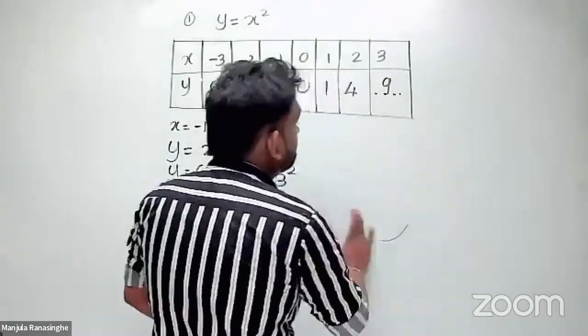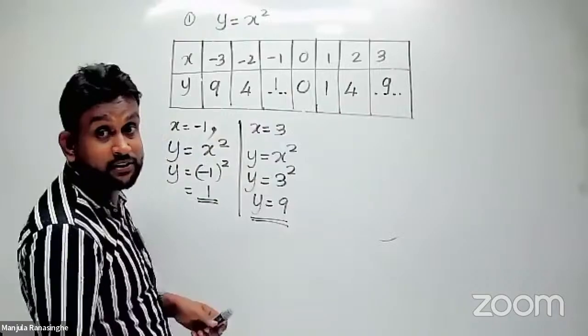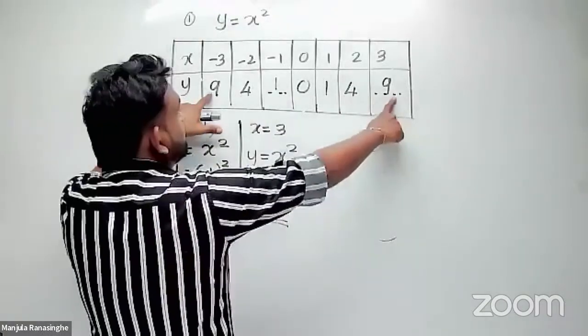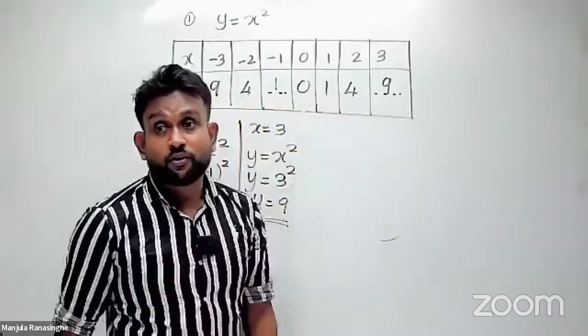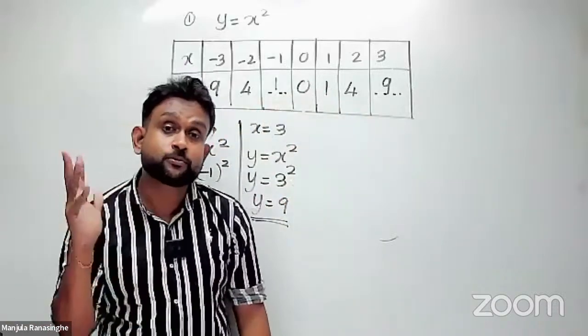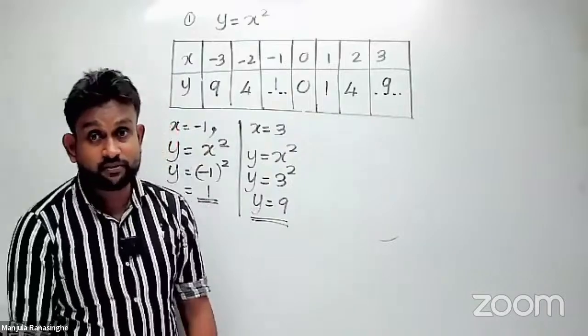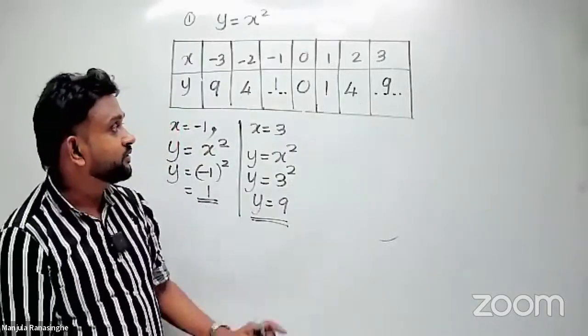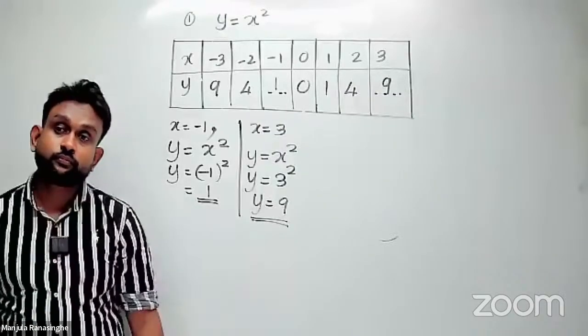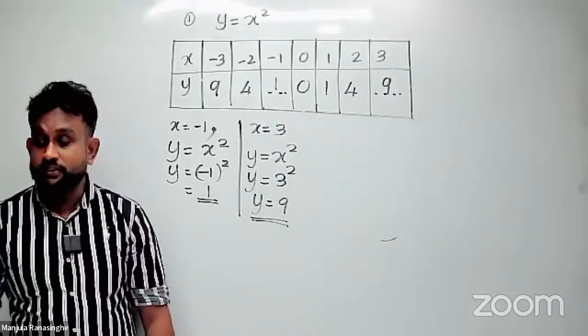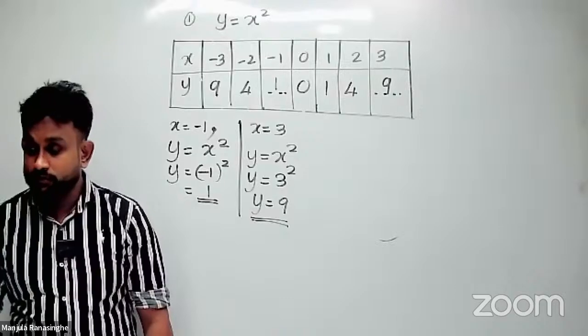Most of the time the point table has symmetry: 9, 9, then 4, 4, then 1, 1. Using that symmetry, we have some questions in some papers. For now, complete these two. This is the first part of the graph.